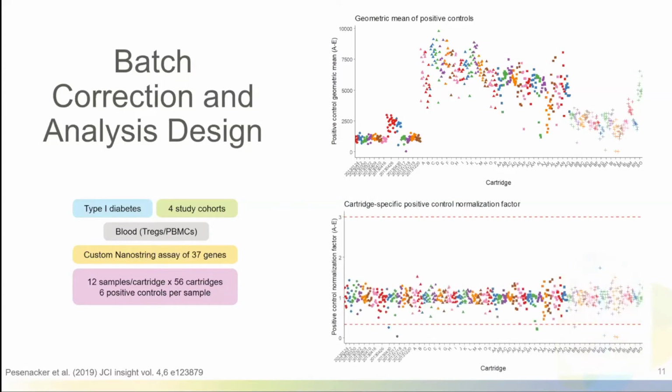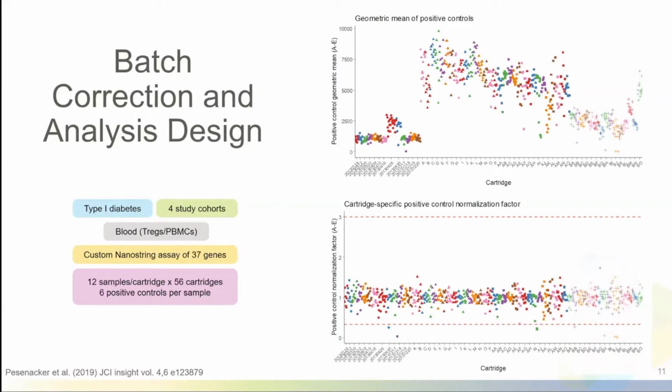We actually did this at the cartridge level because we could see that even within the same cohort, there was variation between the cartridges. While normally we might just do this for a study as a whole, in this case, we decided to do it cartridge by cartridge. And this is the result.